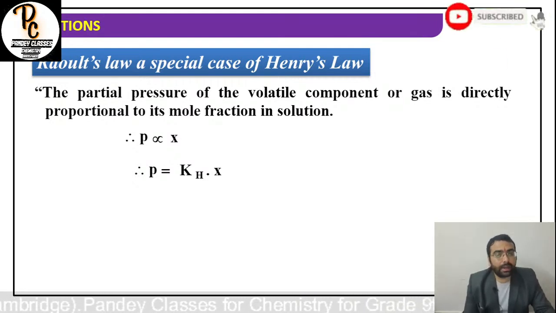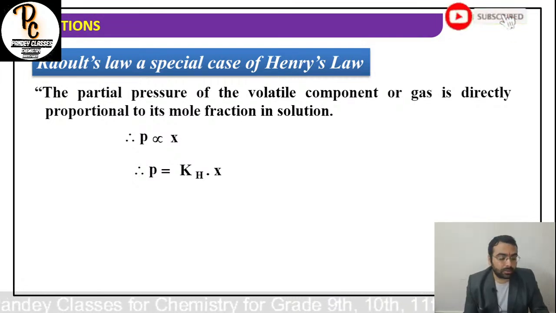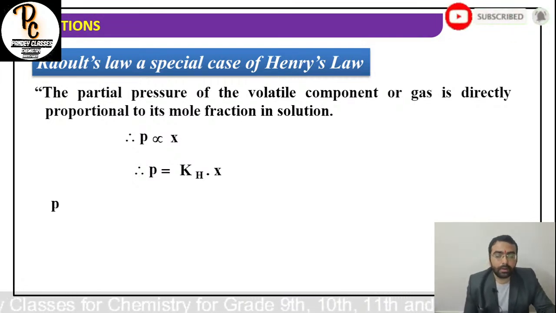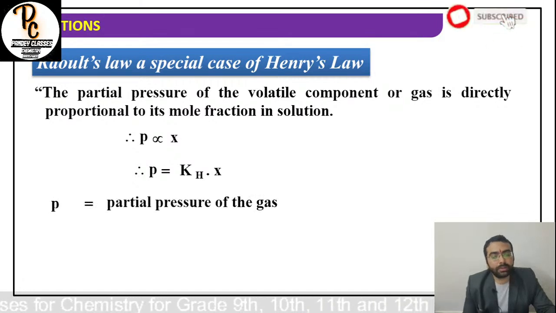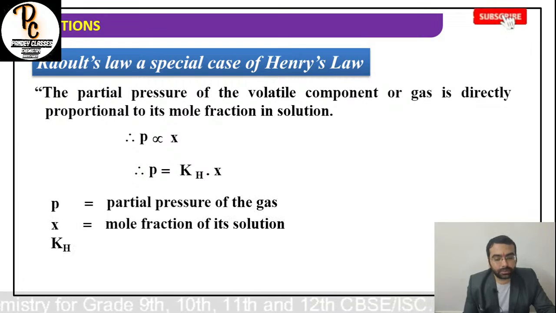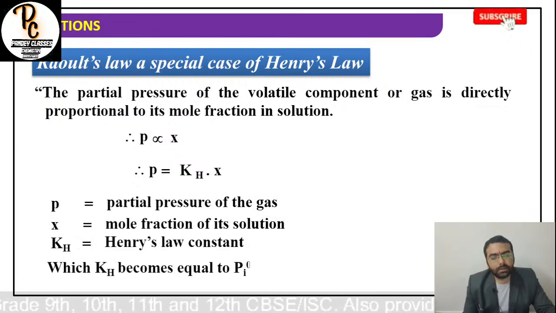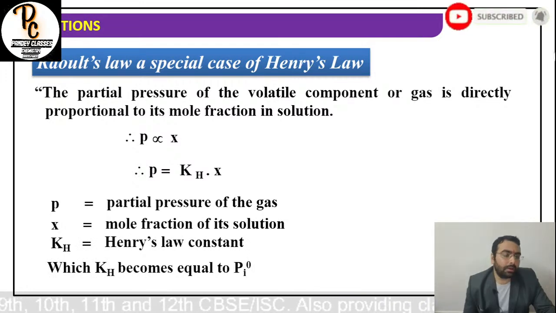There were controversies related to this KH. P is the partial pressure of the gas, chi is the mole fraction in solution of the component, and KH is Henry's constant.